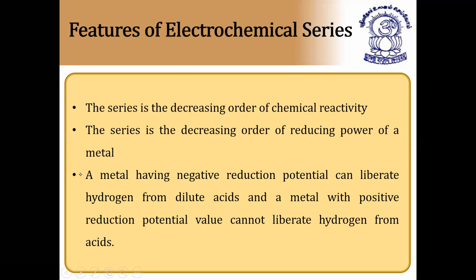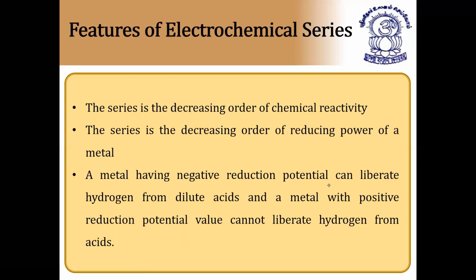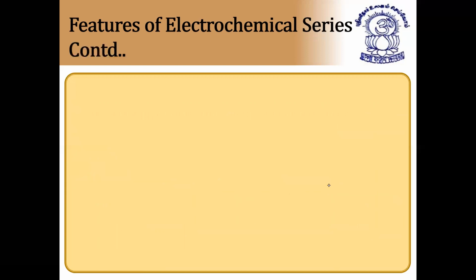You make a note, and I'm writing this point here. A metal having negative reduction potential can liberate hydrogen from dilute acids, and a metal having positive reduction potential cannot liberate hydrogen gas from acids.